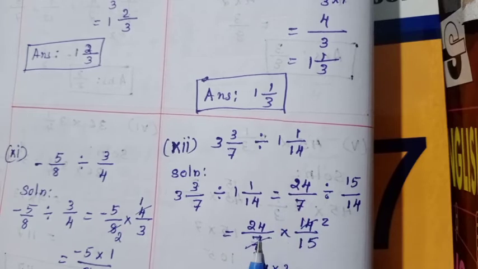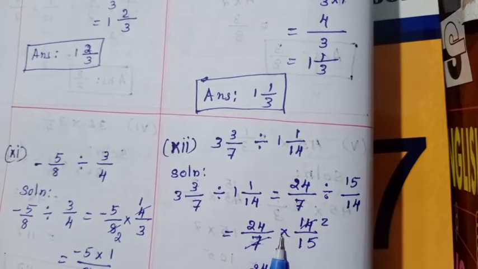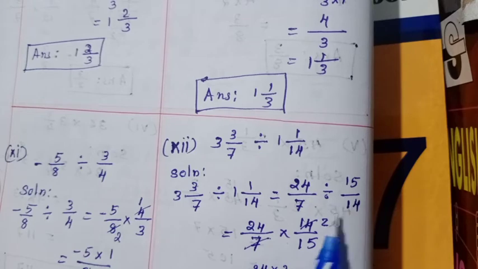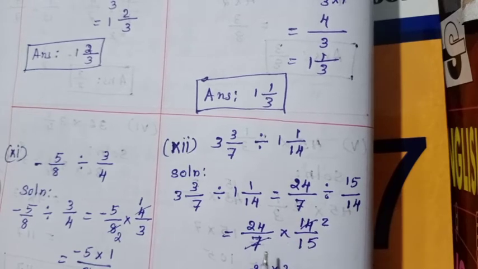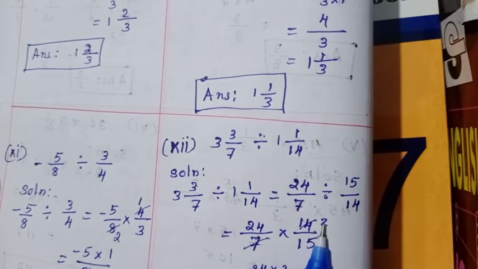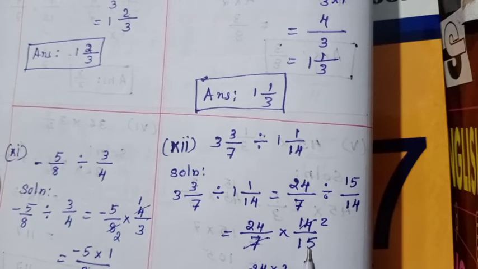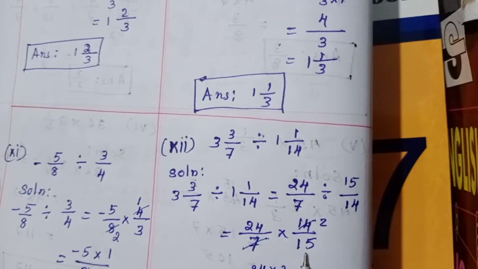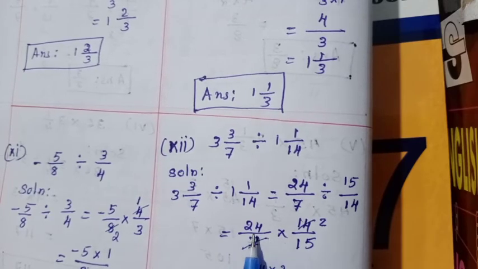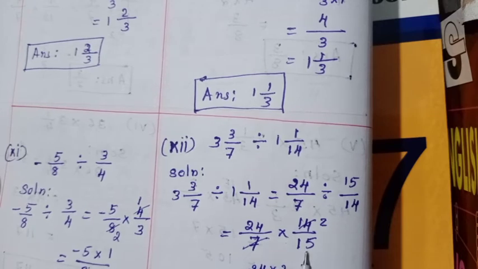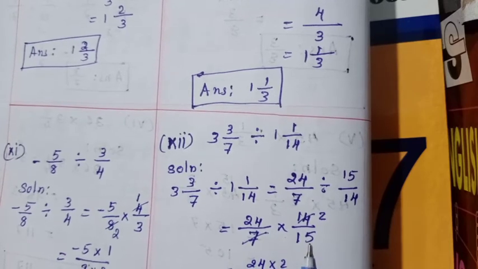First number 24 by 7, division changing as into. Then the reciprocal of 15 by 14 is 14 by 15. Now we can divide here, 7 and 14. 7 2 times in 14, that is why cutting and writing 2. Now in the denominator 15. Also, if you want, 15 and 24 we can divide by 3. I didn't divide here. If you want you can cut it, or at the last in the answer you can also cut it.